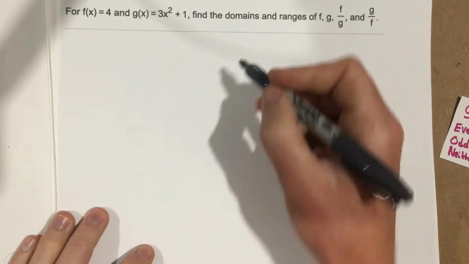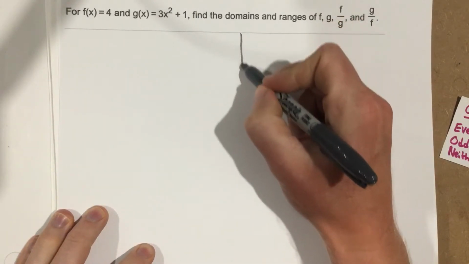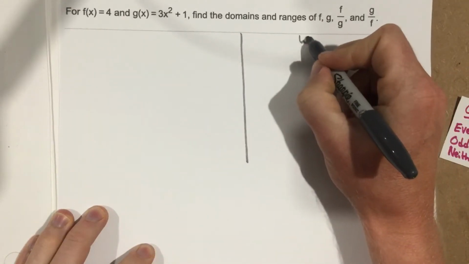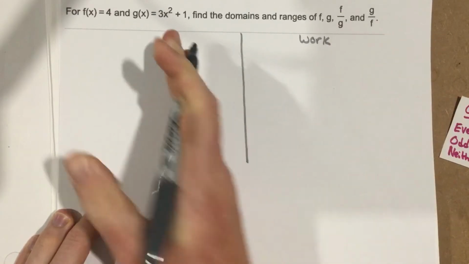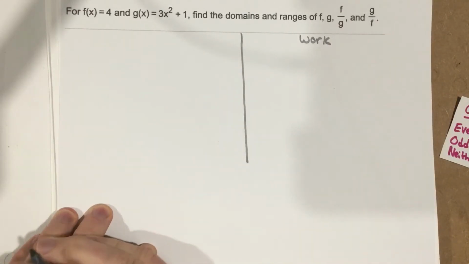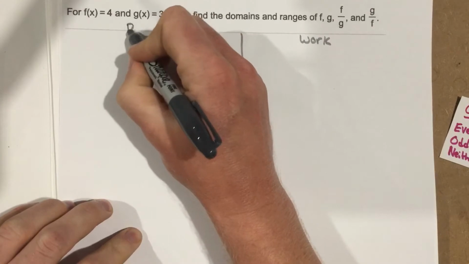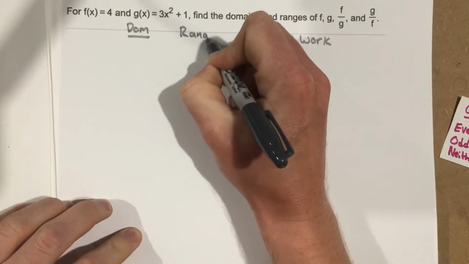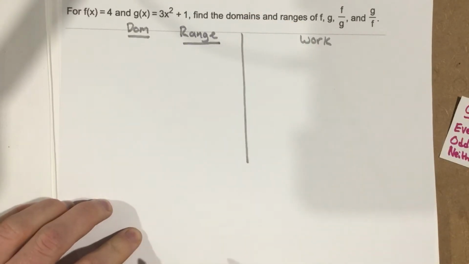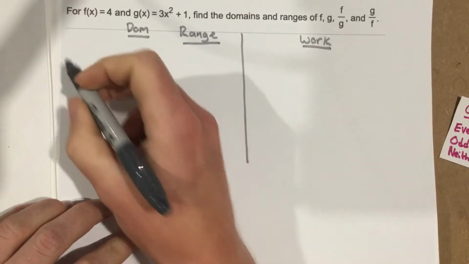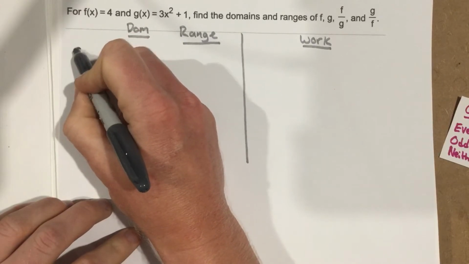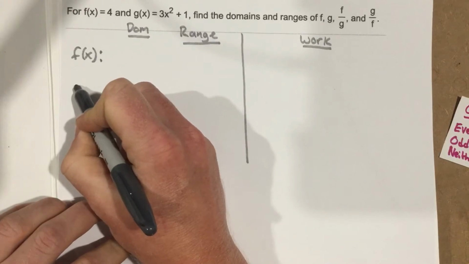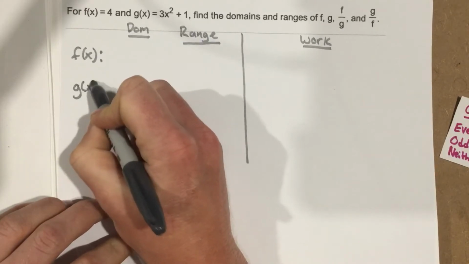Let's start by splitting this paper into 2 different sections. One section is going to be the work, and the other section is going to be our actual domain and ranges. So I'm just going to name those: domain here, range here, and we'll write f of x, g of x, because they want f and g.